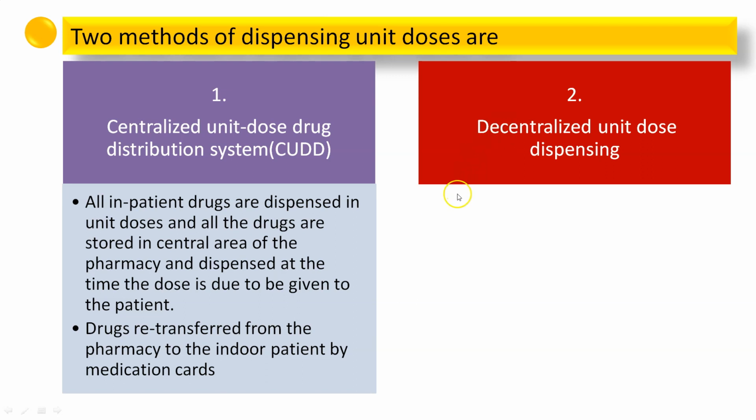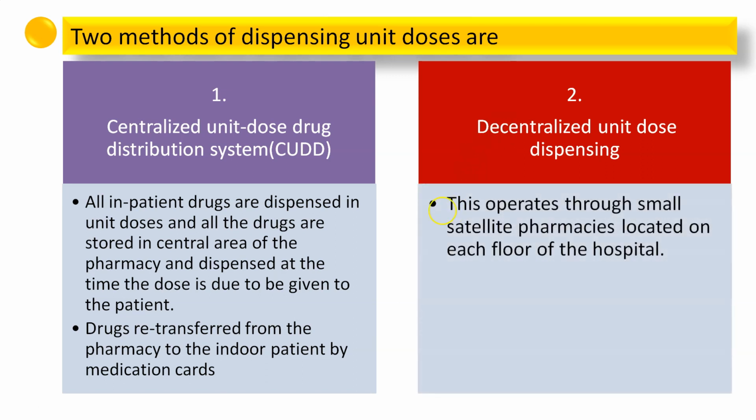Now we shall move on to the decentralized unit dose dispensing system. This operates through small satellite pharmacies located on each floor of the hospital. As I was telling you at the start of the chapter on hospital pharmacy, it moves to the satellite pharmacy, then the ward pharmacy, then to the inpatients.